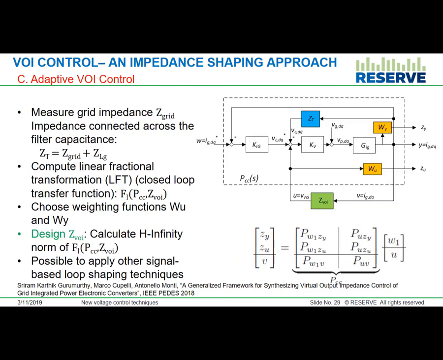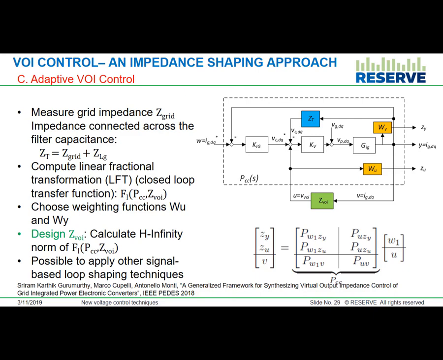And the process for designing this is as follows. As I said, the grid impedance measurement is very important because we want to design our VOI control based on the grid impedance. So we first do the measurement process and get the measured grid impedance.